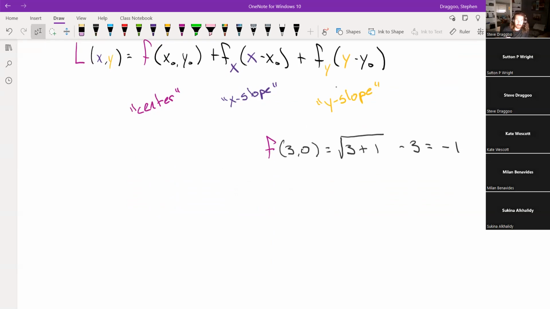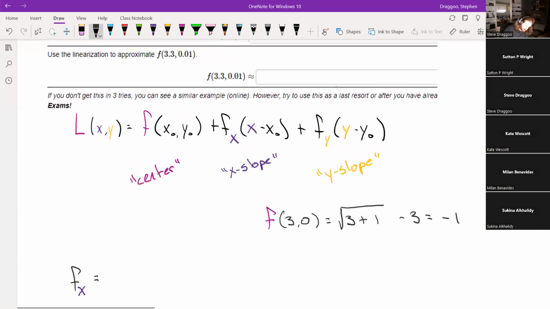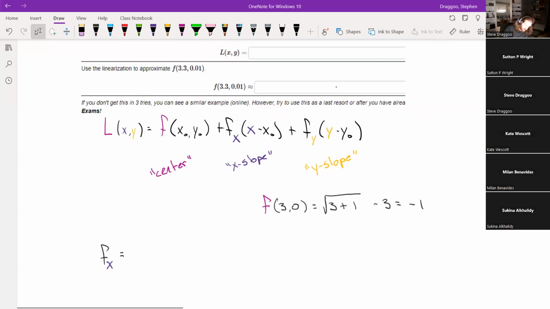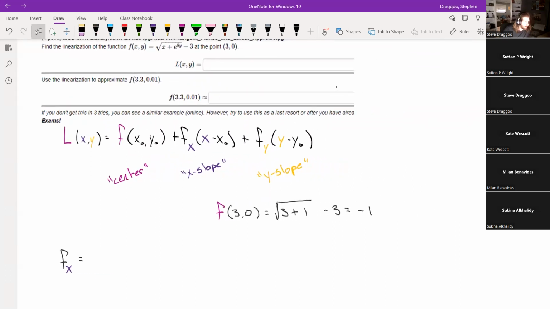So up next, we're going to need the x slope. So we should get a partial derivative with respect to x. So f partial x looks like something. Maybe if I zoom out a little bit. There we go. Now I've got my function at the top again.